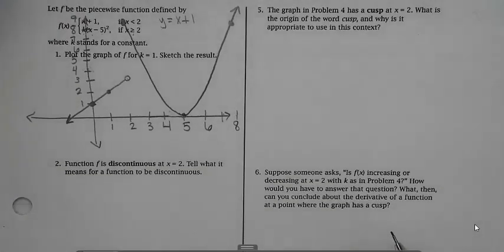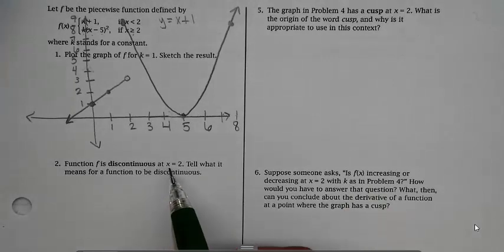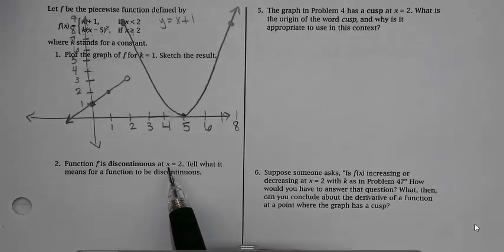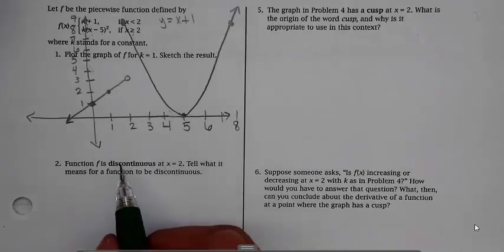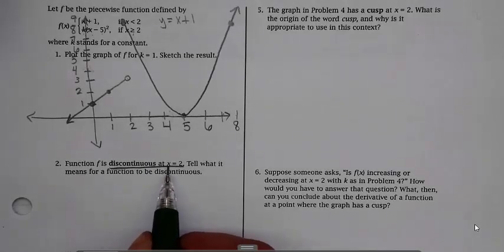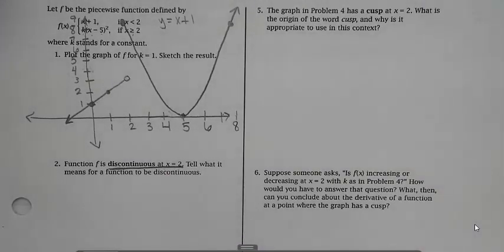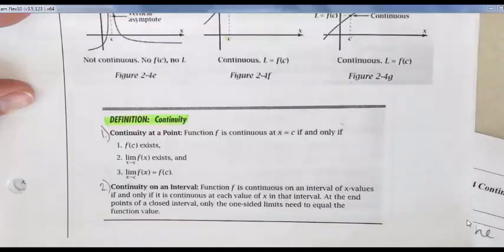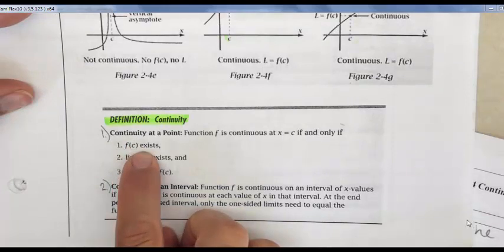So obviously, function f is discontinuous at x equals 2. Tell what it means for it to be discontinuous at a point. That takes us back to the definition of continuity at a point. First of all, f of c must exist, so if we're talking about discontinuous, then f of c would not exist.